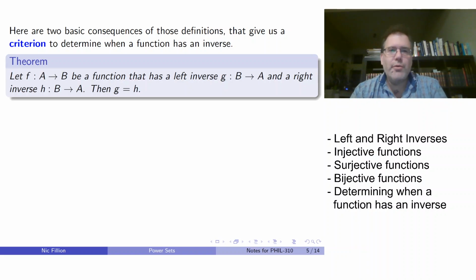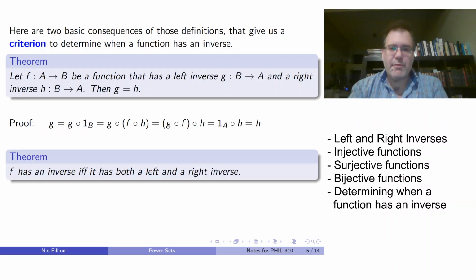Okay, so the first theorem that we get, and again, it's very simple, is to say, suppose you're given a function F from A to B, and suppose that this function has a left inverse G from B to A, and also a right inverse H from B to A, then it will follow that the left and the right inverses are in fact the same function. So if F has both a left and a right inverse, then they have to be the same function.